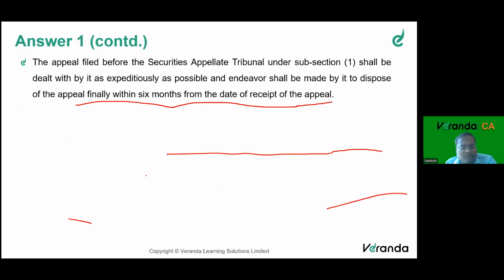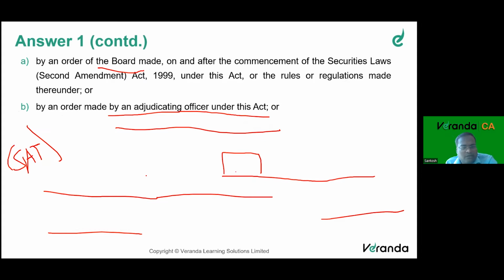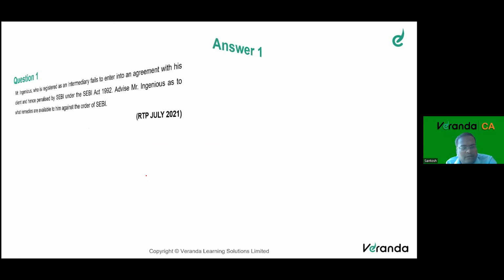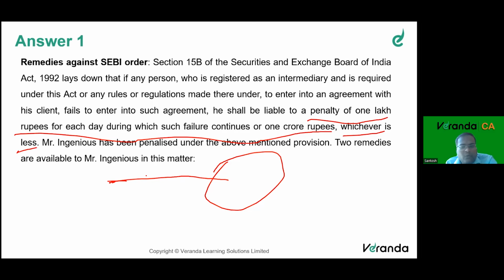Now I'll just summarize what we just saw in this entire question. The first step is that we understood what is the penalty that can come into this act.